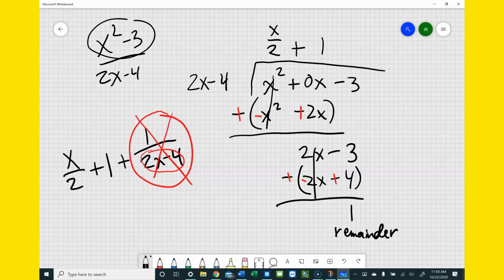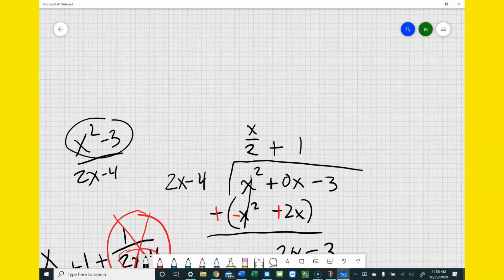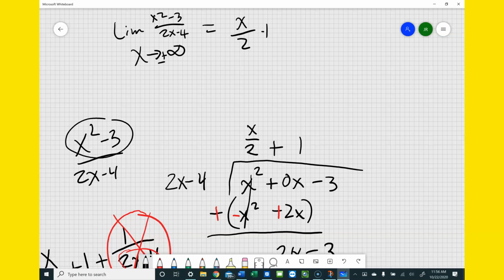So that means that as x approaches infinity, or negative infinity, the limit of x squared minus 3 over 2x minus 4 will equal that oblique asymptote. It's a line. So I could also rewrite it as 1/2 x plus 1. So this is the equation of a line.